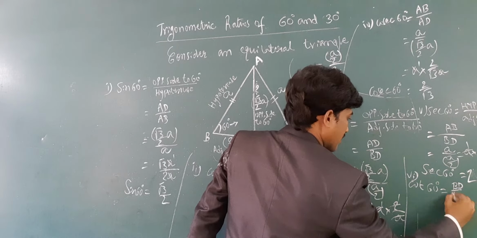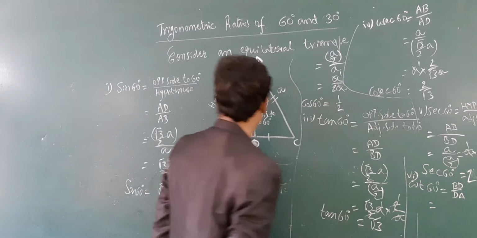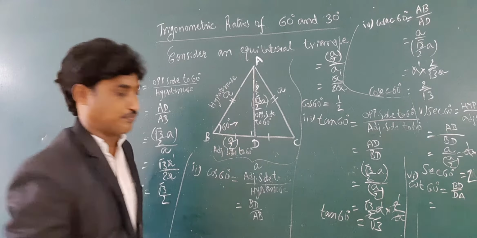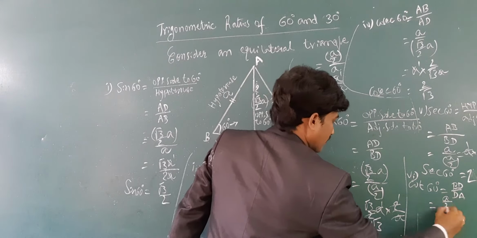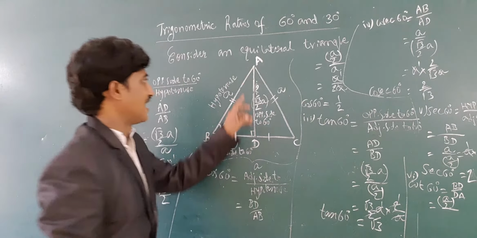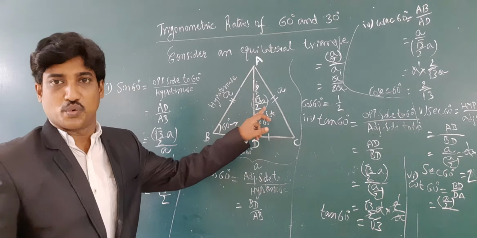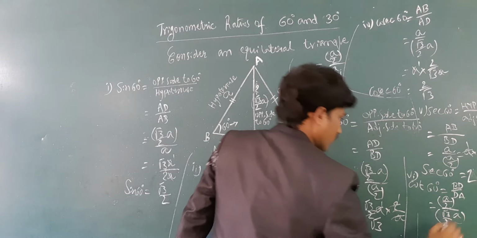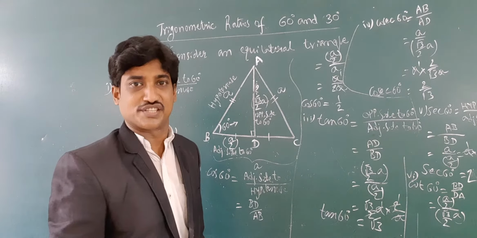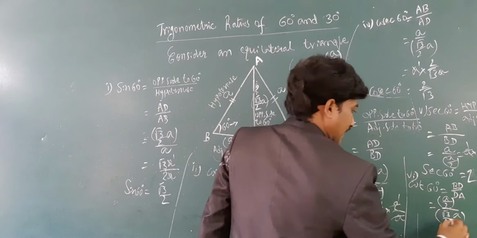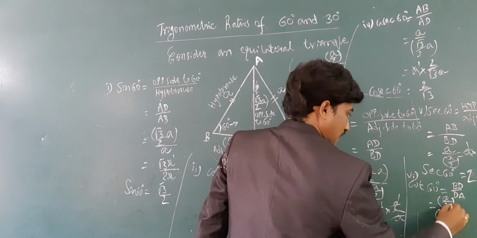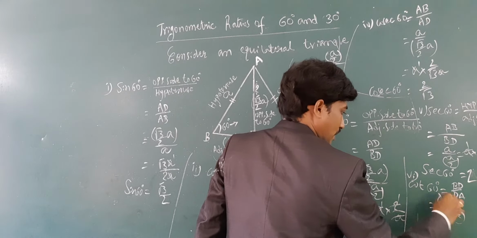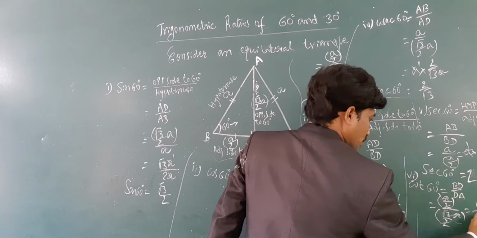BD length is A by 2 by DA length root 3 by 2 A. Here 2 gets cancelled, A by A one time, so 1 by root 3.